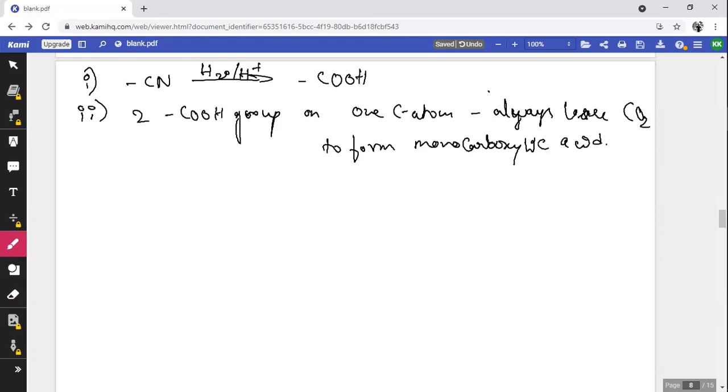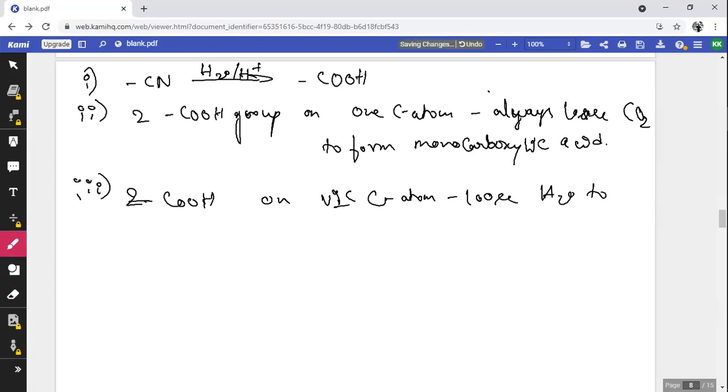And if the condition is different, like if two COOH groups are on vicinal carbon atoms, then they lose H2O to form cyclic anhydride on heating. So these are the three note points you have to remember.